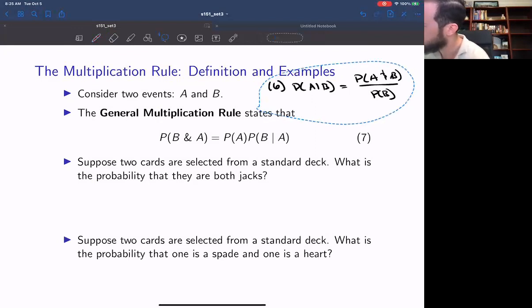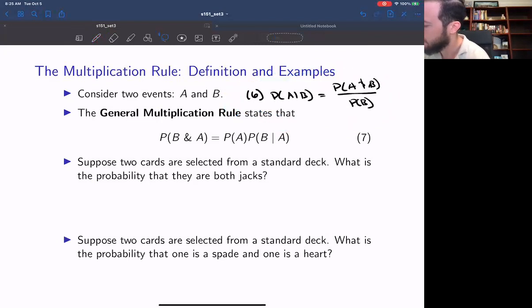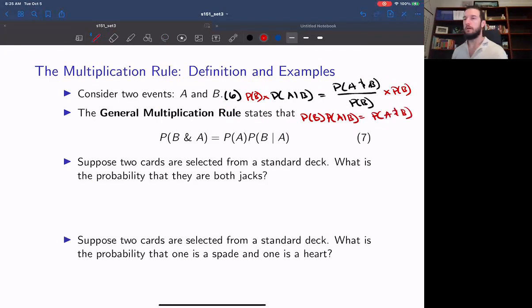So if we multiply both sides by P of B, we end up with the probability of B times the probability of A given B is equal to the probability of A intersect B. Right?